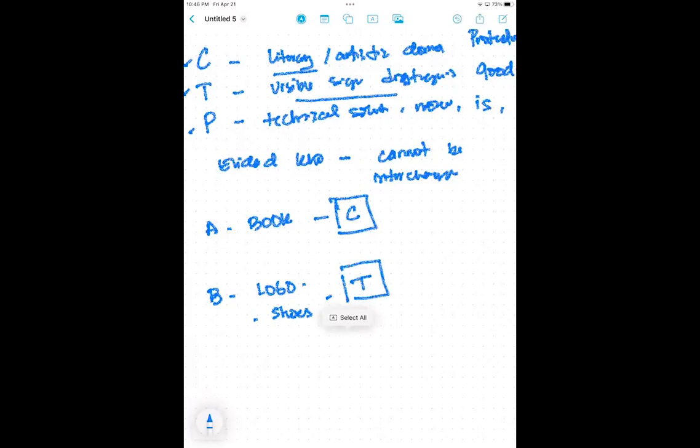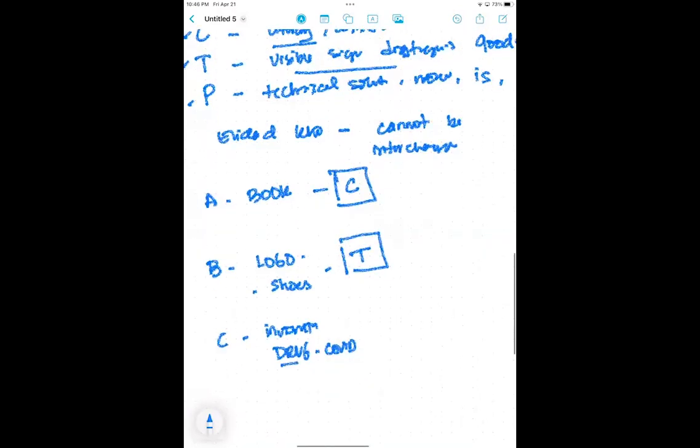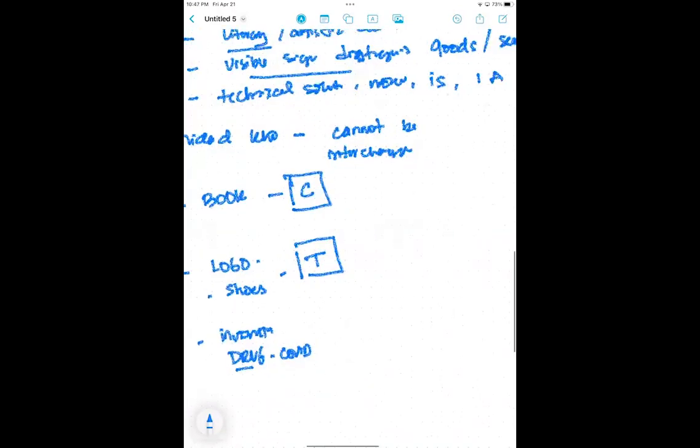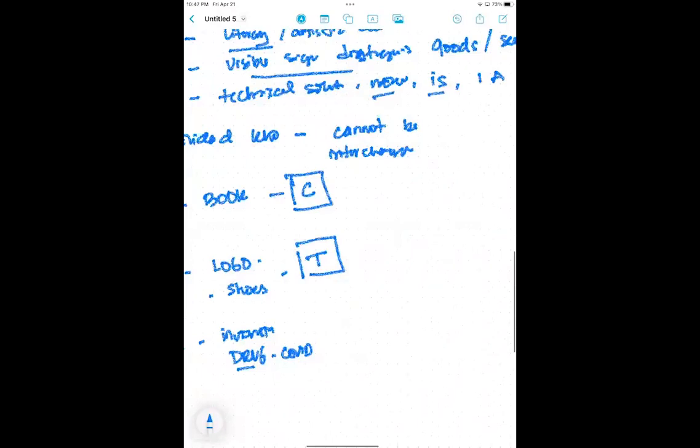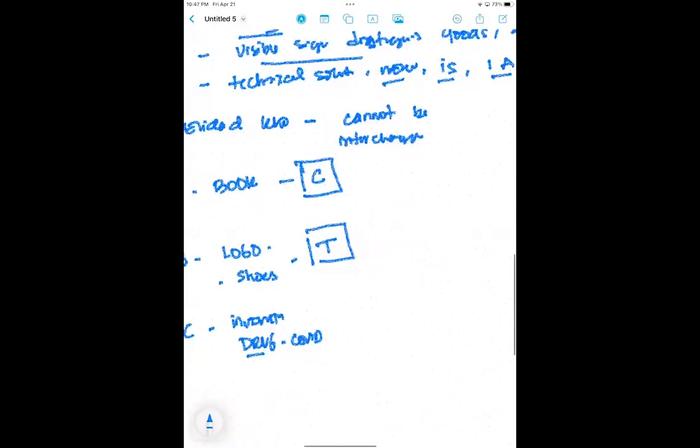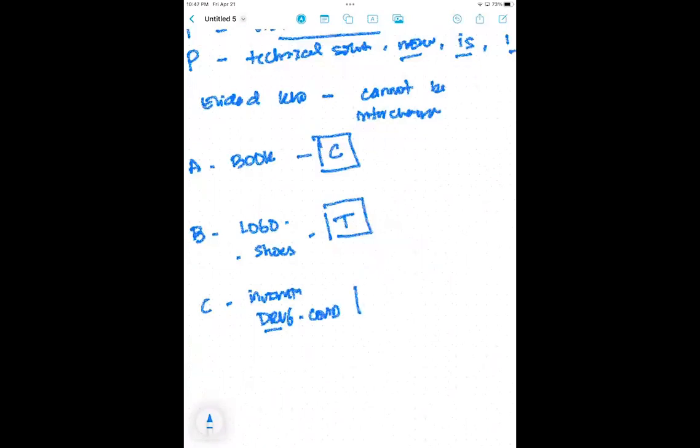And let's say, for example, D made an invention. Let's say he was able to come up with a drug for COVID, and this is new. It involves inventive step and is industrially applicable. Hence, this is covered by patent.